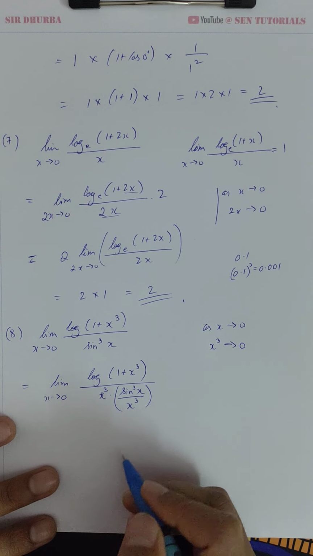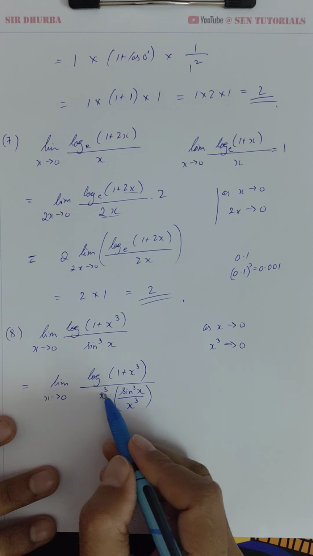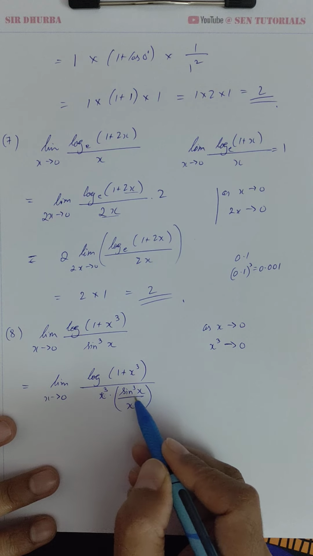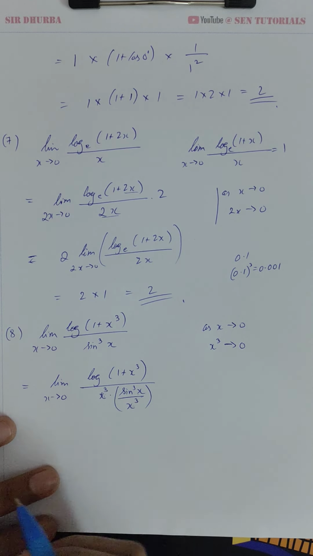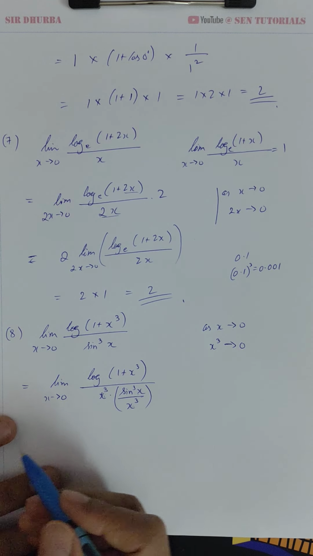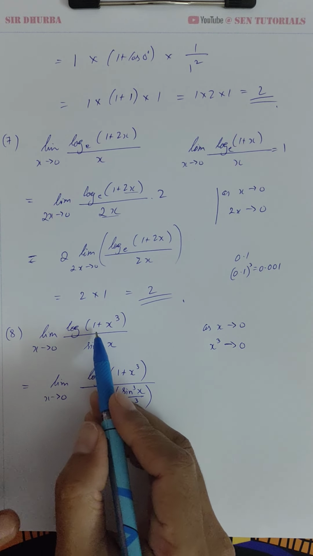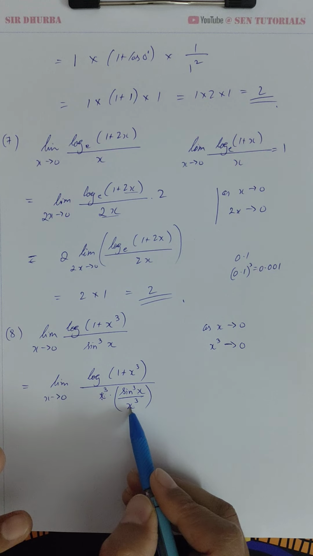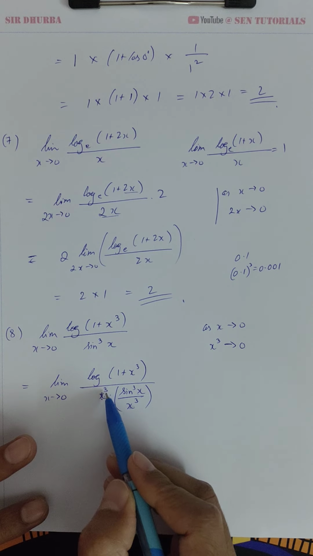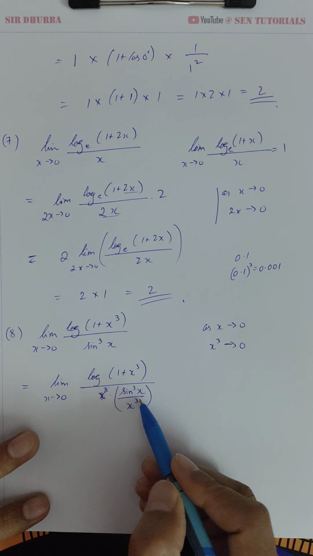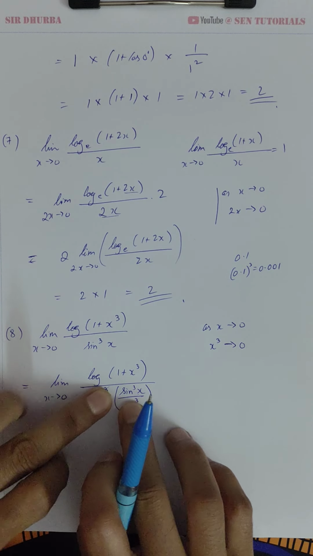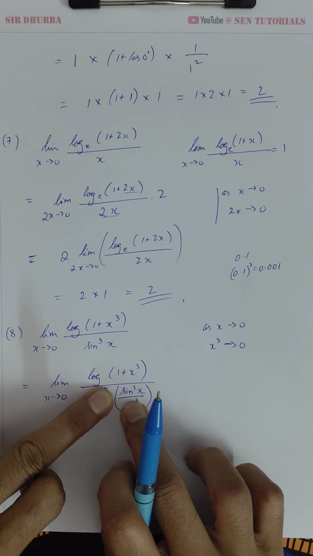Just bringing in x cube, multiplying and dividing by x cube, because it serves the purpose for this term also. I'm not doing anything, I'm just multiplying and dividing by x cube in the denominator, because it doesn't make any difference to the function, since I can just cancel this, so you still have the function left intact, isn't it?